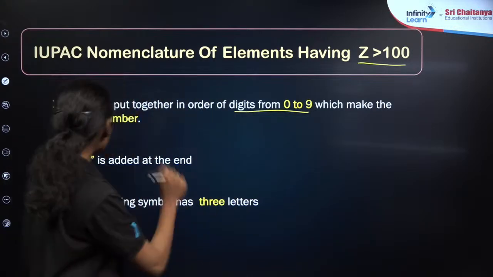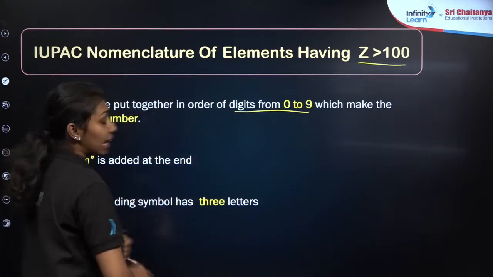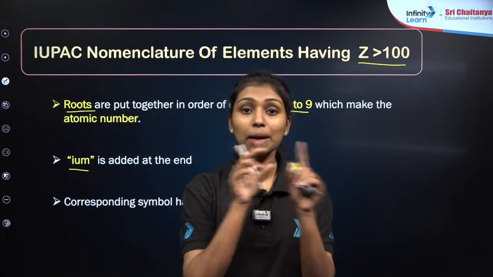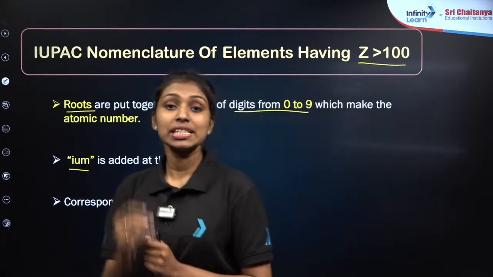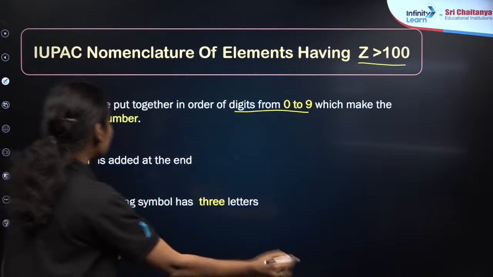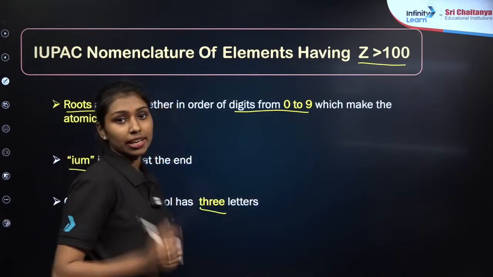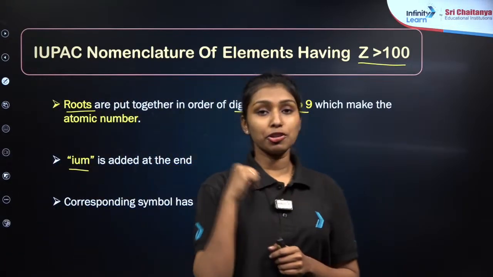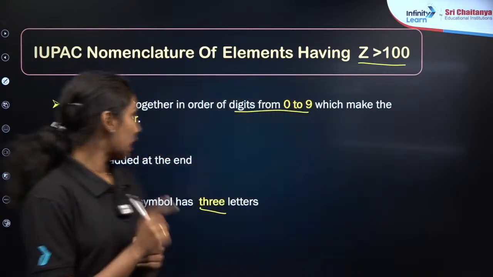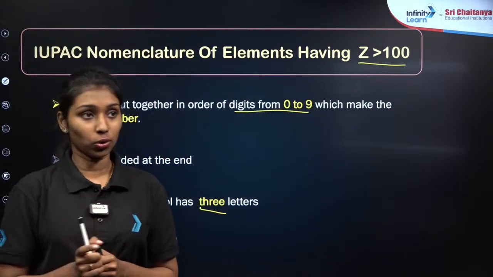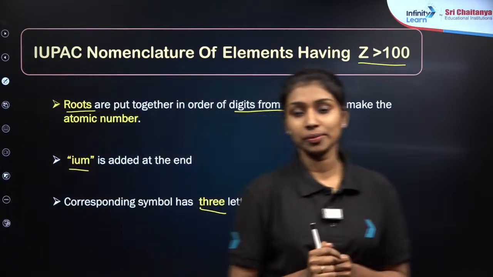Then you add IUM at the end to get the complete IUPAC name of that element. Also, to find the symbol of the element, there will be 3 letters, one corresponding to each digit. These are the 3 points to note to write the IUPAC nomenclature of an element having atomic number greater than 100. Clear?